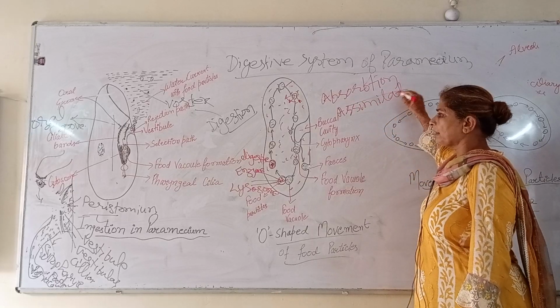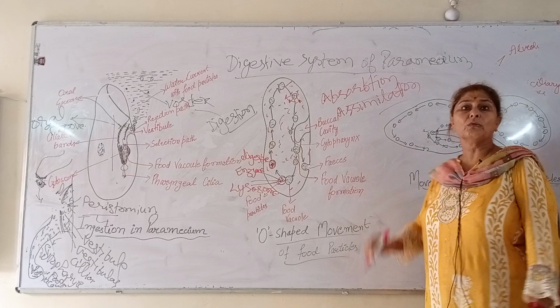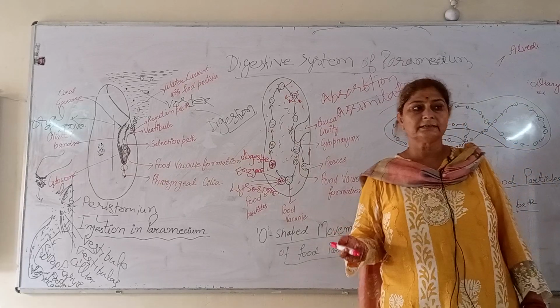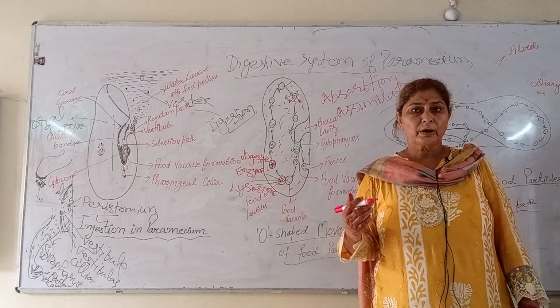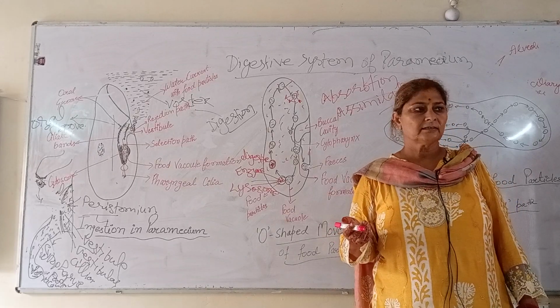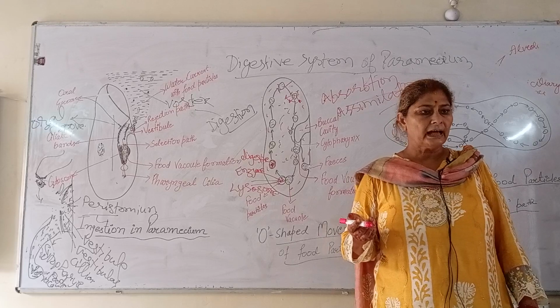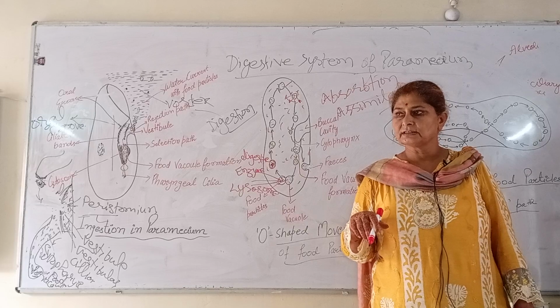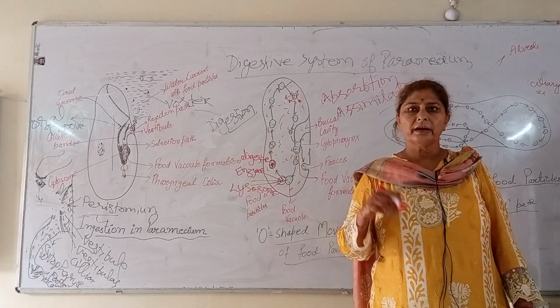Next is assimilation. Why is food absorbed? Why do we need so much energy? Because respiration is one process, and then there is the formation of different structures from it.